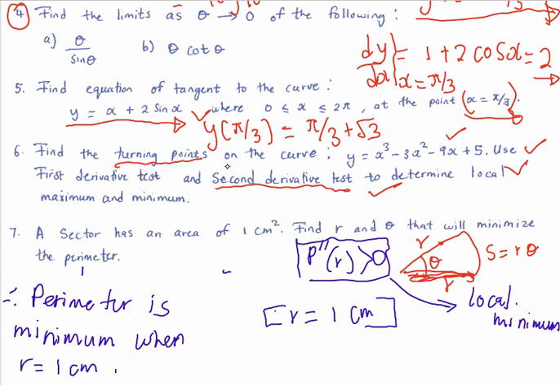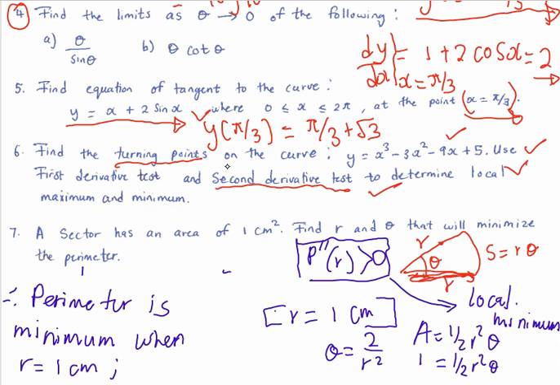Then the question is going to ask us, if r is equals to 1, what will be the value of theta? So you'll recall the equation we described before. Since we said A is equals to 1 over 2 r squared theta, and we know A is equals to 1. When you solve for theta here, we saw that theta is equals to 2 over r squared.